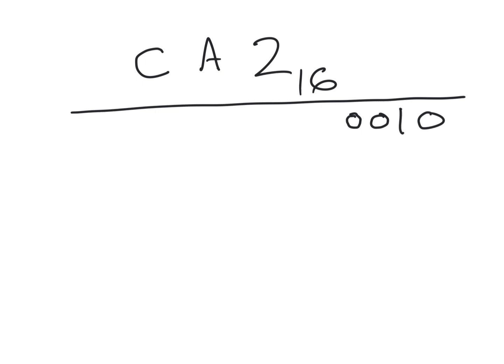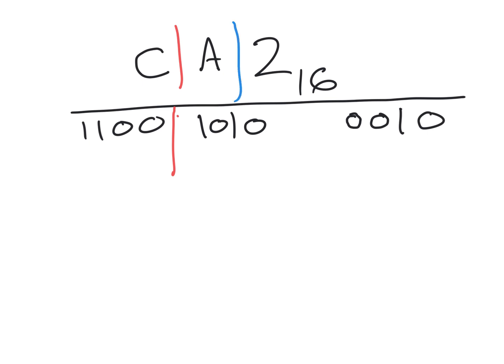A is going to be 10, so it's going to be 8. C will be 10, 11, 12. So this will be 8 plus 4. Okay, so that's going to be there, and that's going to be there, and that's going to be there, and that's going to be there.